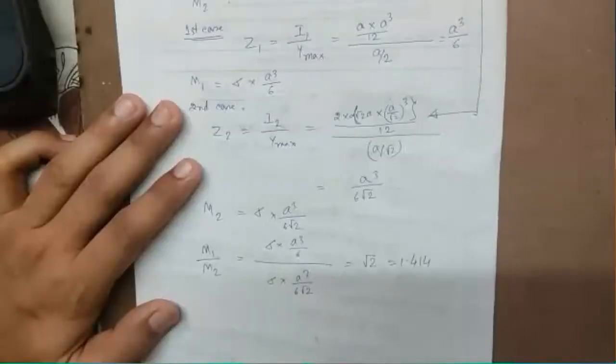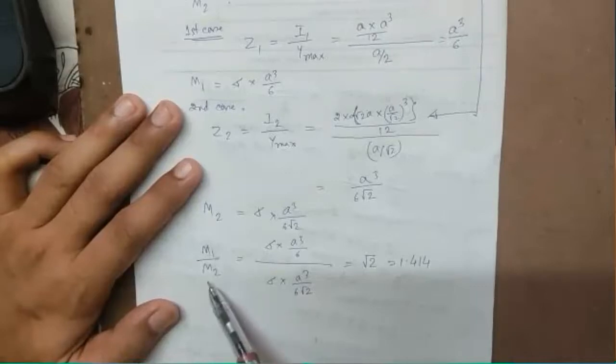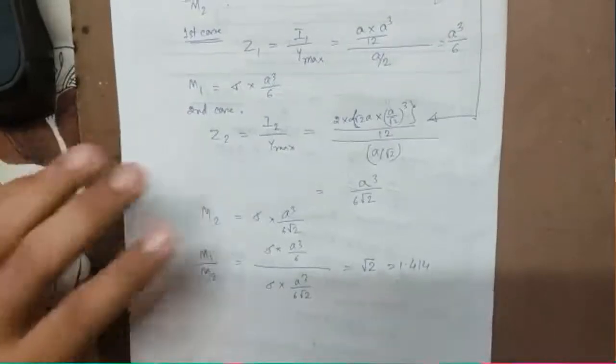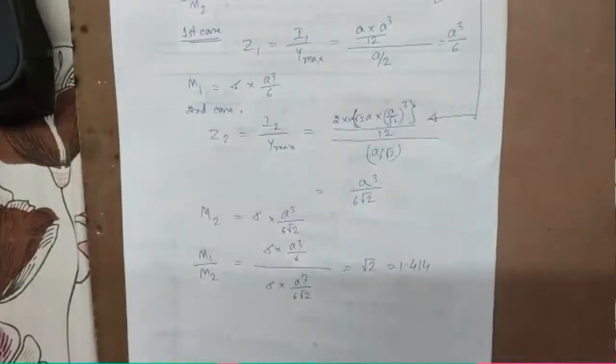So the load bearing capacity, bending moment supporting capacity will be different, and the ratio will be 1.414. So for the same beam, due to the way it is used, we can get a different moment of resistance.